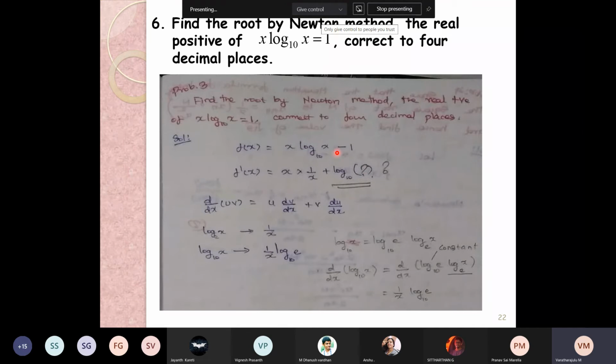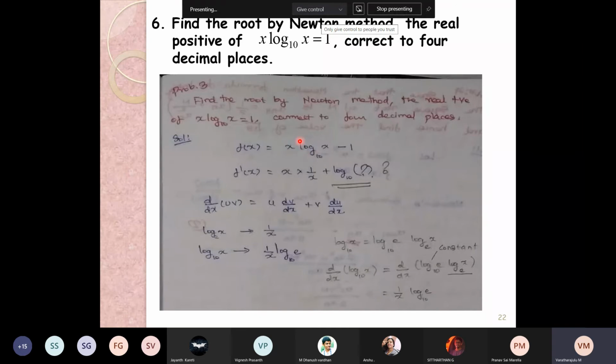Here we have x, and this is also x, so I need to apply the product rule: u into dv by dx plus v into du by dx. In some schools you may study u v dash plus v u dash. You keep x alone and differentiate log base 10 x, and then keep log base 10 x and differentiate x.